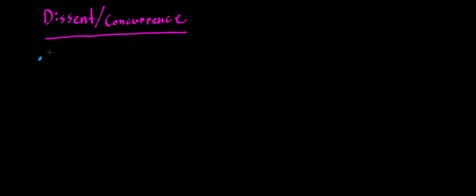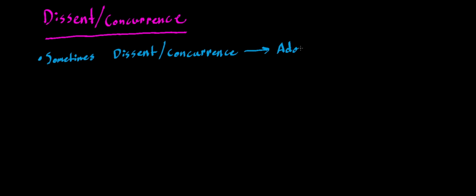And there's a couple reasons why it might be useful to include these. So first, sometimes the dissent or concurrence gets adopted later as binding. So sometimes you have a Supreme Court decision that is really bad in hindsight, and when that happens, we sometimes look at the dissent from that bad opinion and draw inspiration from it.